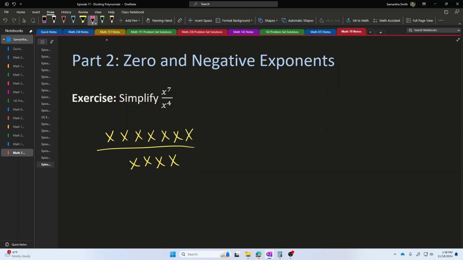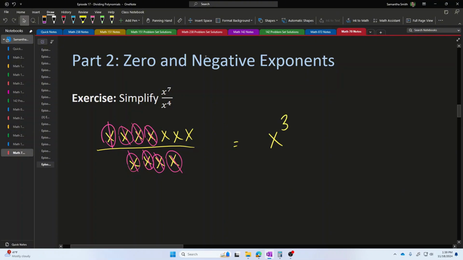So every time I see a multiplied x in the numerator canceled out by one of these divided x's in the denominator, that multiplied x and that divided x will cancel each other out. So I get to cancel out 4 of those x's in both the numerator and the denominator, which leaves me with x to the third power in the numerator and a 1 in the denominator that doesn't actually accomplish anything.